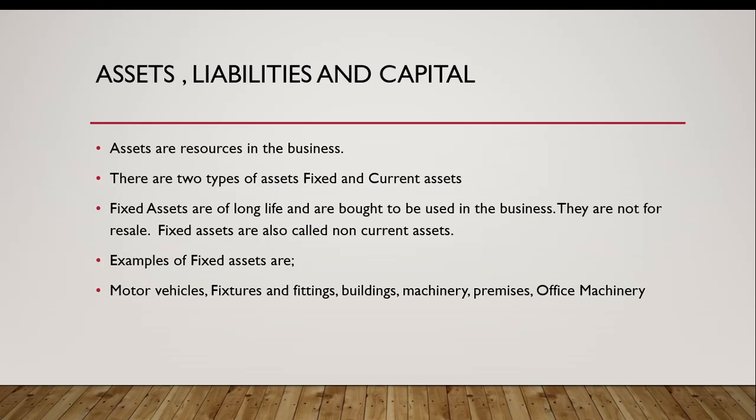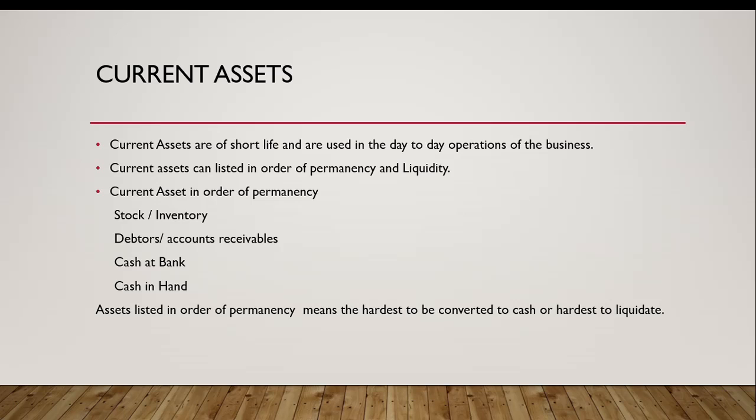Later on, you will also learn that fixed assets are listed in order of permanency. Now, current assets. Current assets are of short life and are used in the day-to-day operations of the business. Current assets can be listed in order of permanency or liquidity.